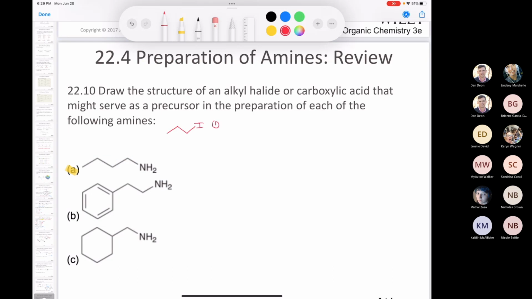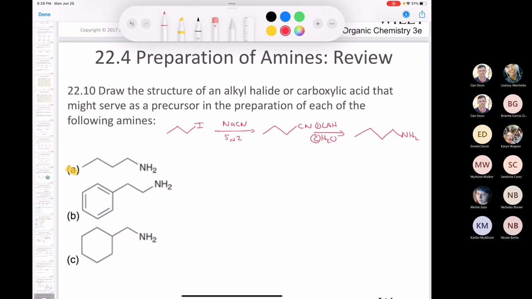In the first step, you treat that with sodium cyanide. It's just a little SN2 reaction. Then you'd have the nitrile here. Then you would treat it with LiAlH4, followed by water, and that's going to give you the primary amine. So 1, 2, 3, 4, and the primary amine.